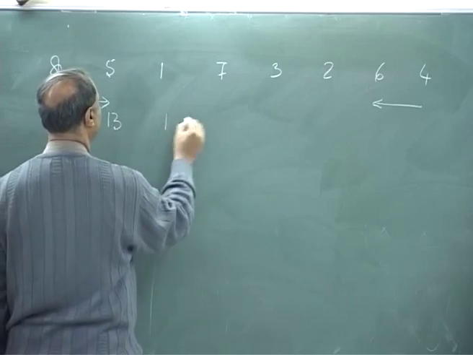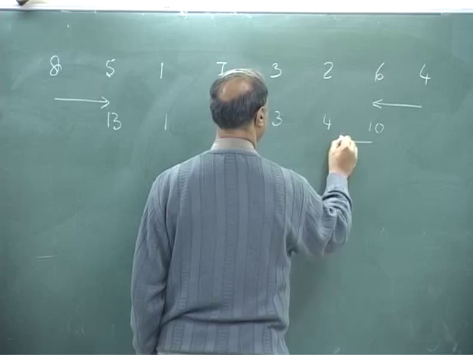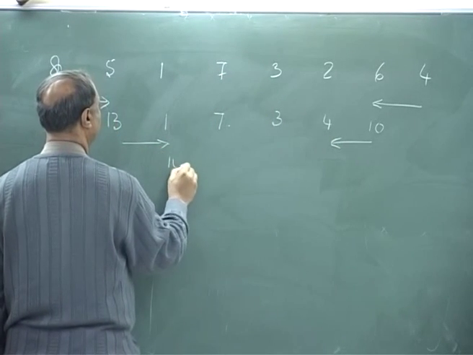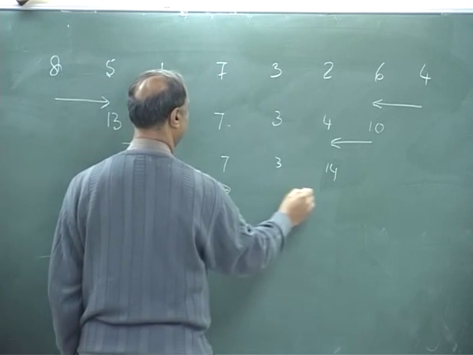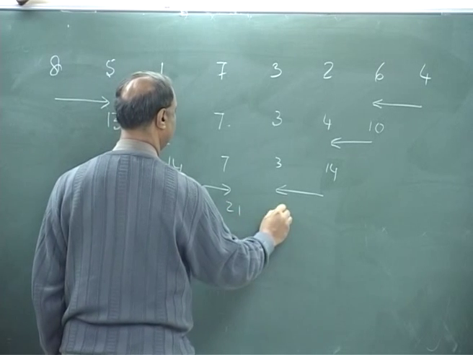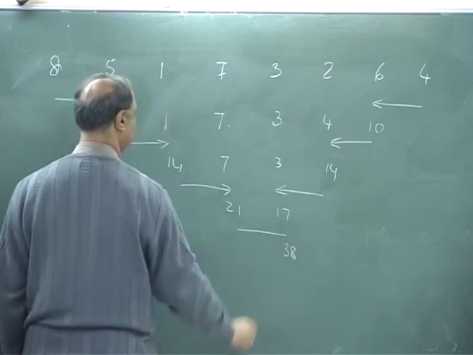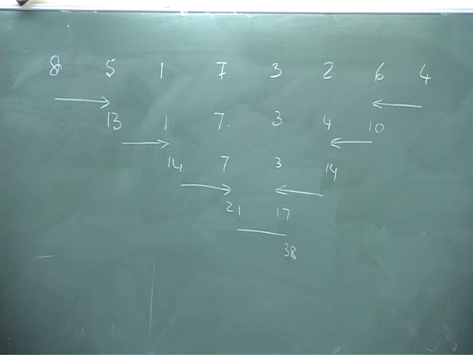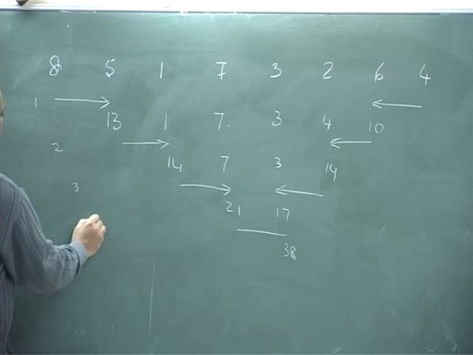So you get 13, 1, 7, 3, 4, 10. 14, 7, 3, 21. Right? This is the method you are looking for. So, how many steps did you make? 1, 2, 3, 4.